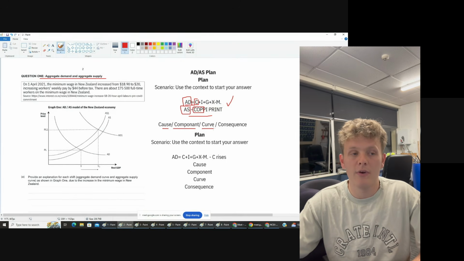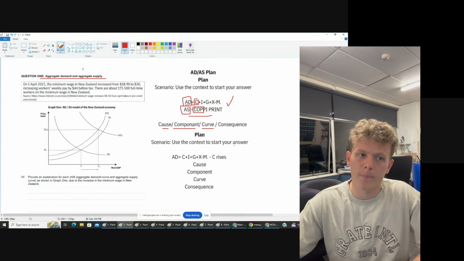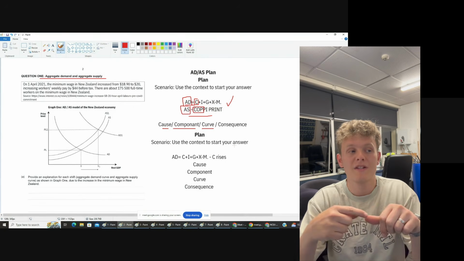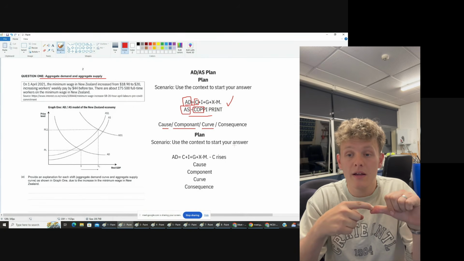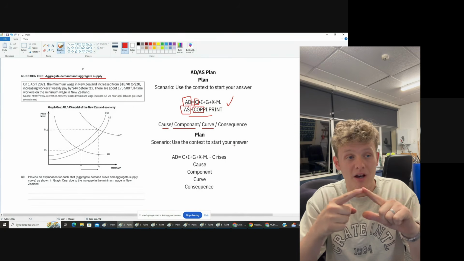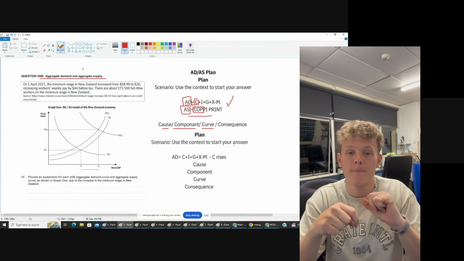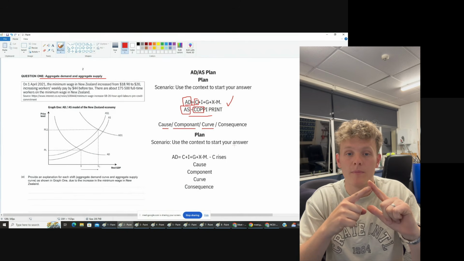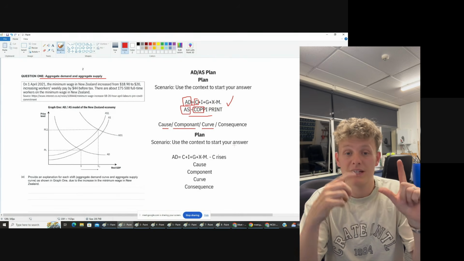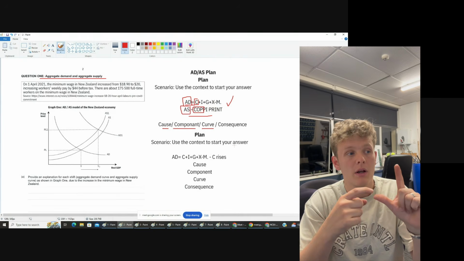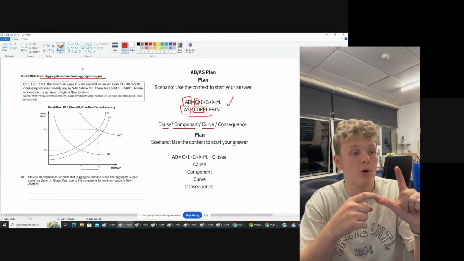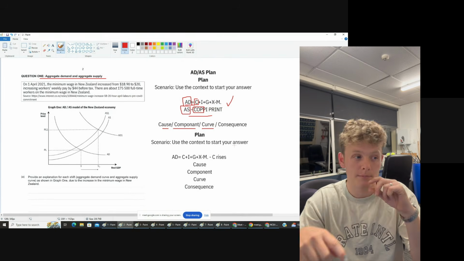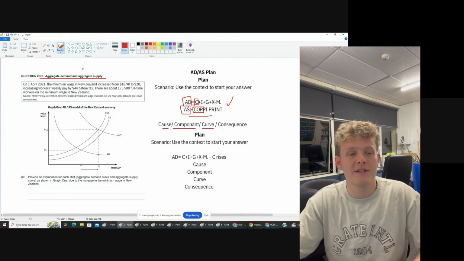Then we talk about the curve. How does the component link to the curve? Well, because AD is made up of C plus I plus G plus X minus M, an increase in C will lead to an increase in AD. There are two sentences in here. Therefore, AD will shift right from AD to AD1. And then our consequence is the impact on growth.